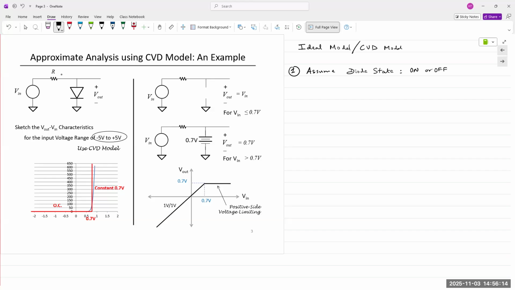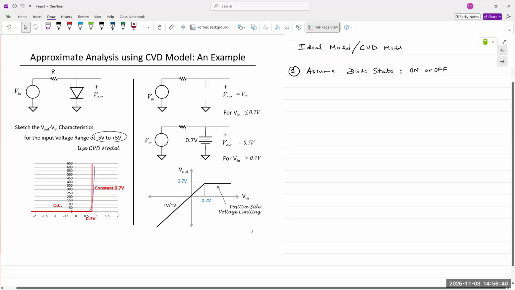Now, you can choose any state you want. There's only two, right? So you perform two analyses at most. When you first make the assumption, you look at the circuit, you observe it, and strictly from observation, you can assume a state. In this case, we have the positive terminal of the voltage source being applied to the anode. More likely than not, the diode has to be on. So we would assume that it's on, right?